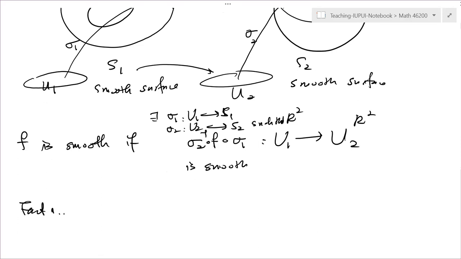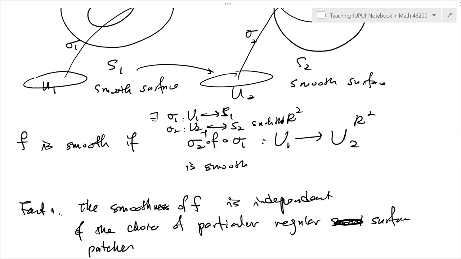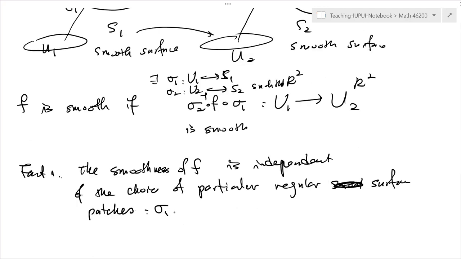The smoothness of F is independent of the choice of particular regular surface patch, sigma i from Ui to Si, where i is 1 or 2.